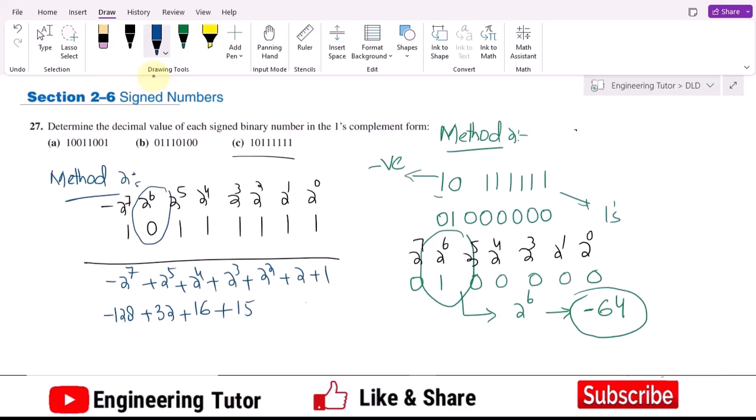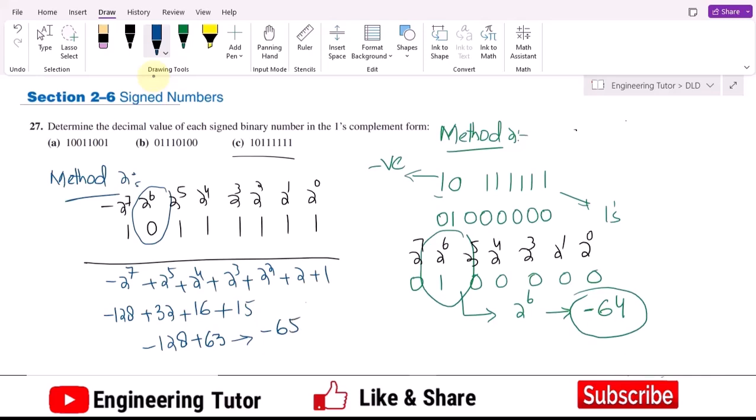So 32 plus 16 is 48, and 48 plus 15 is 63. So minus 128 plus 63, how much would I get? I will get minus 65.